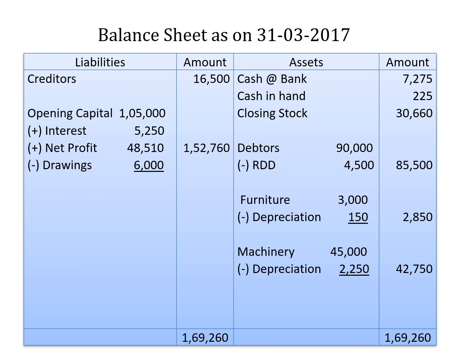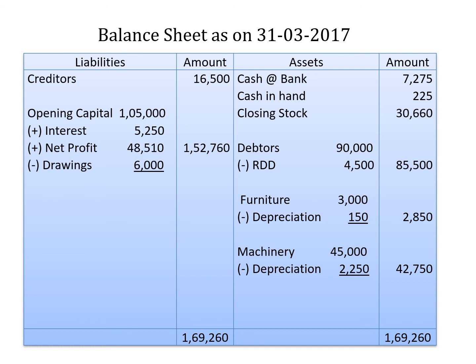Any depreciation or appreciation should be done from the closing value of assets. So closing furniture is 3,000 less depreciation 150, outer column 2,850. Next asset is machinery. Machinery inner column, closing balance 45,000 minus depreciation 2,250, outer column you should take 42,750.